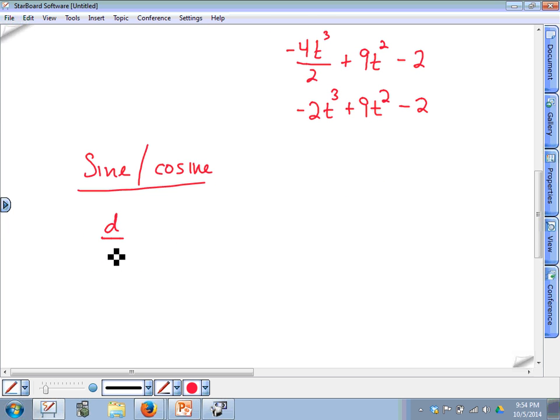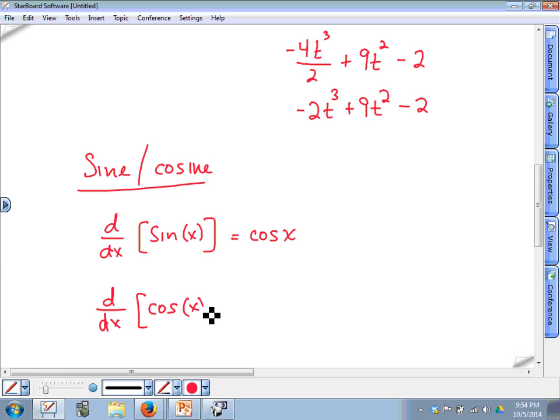So the derivative with respect to x of sine of x is equal to the cosine of x. And then the derivative with respect to x of the cosine of x is equal to negative sine of x.